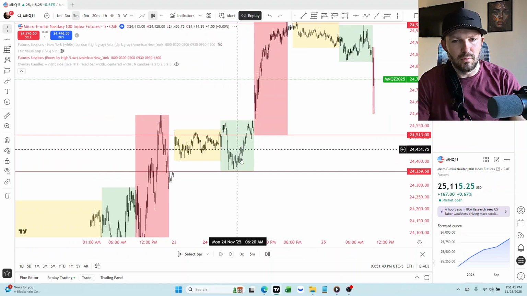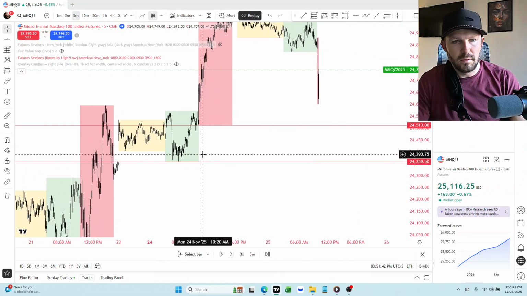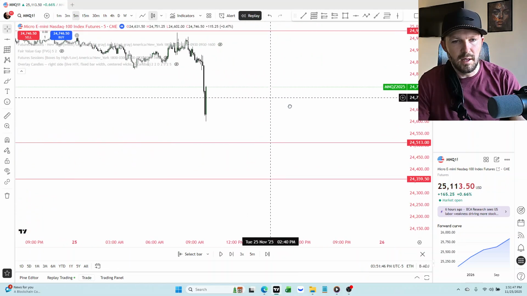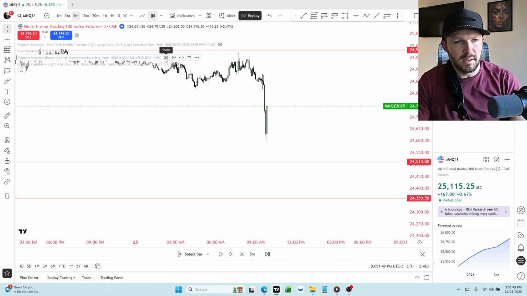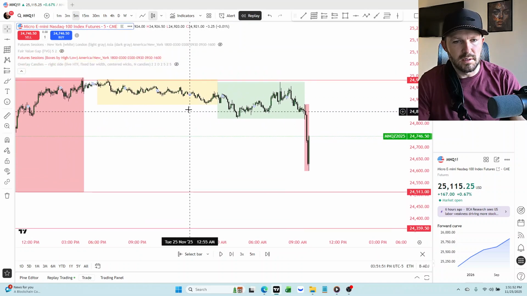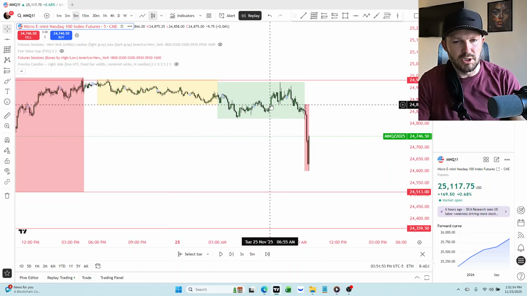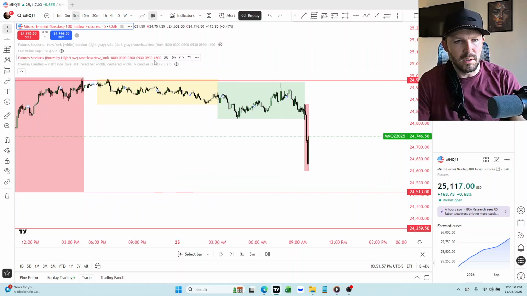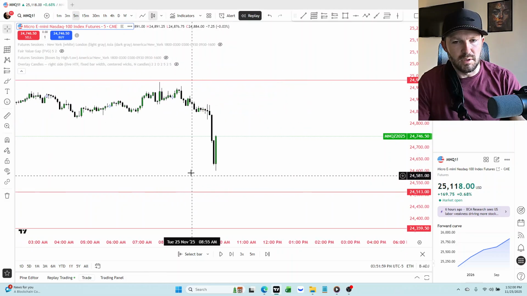Now I can remove this indicator that I made. The indicator, all it does is highlight the future sessions. So yellow would be Asia session, green would be London session, and red is New York. So it looks like we just opened up.